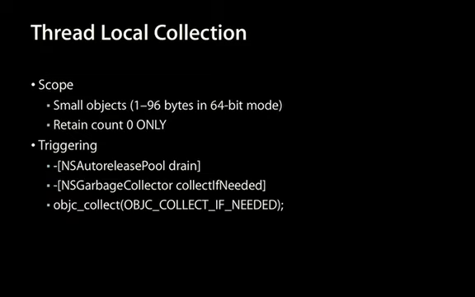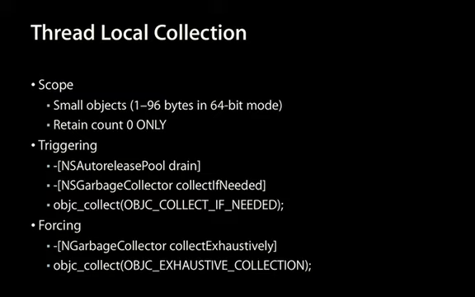Otherwise, you can use the NSGarbageCollector API, or objc_collect. When you do that, you're only actually giving a hint. If you want to force the collector to run and you want to see if an object will go away, you can use exhaustive collection. And that is provided to us also in two flavors. That will always run TLC on the current thread, and it will push the background collector to run even more aggressively.